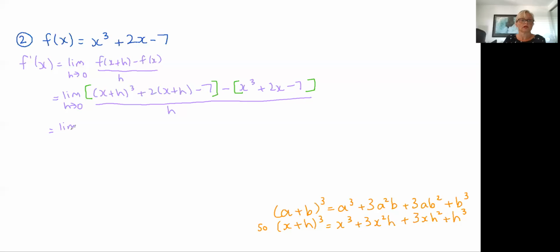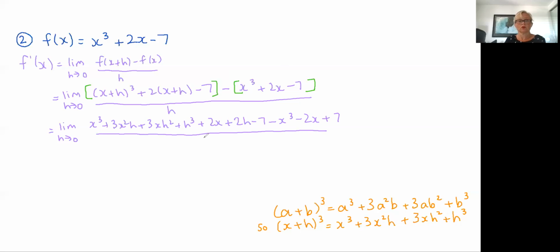Okay, all right, expanding. x plus h all cubed, having a look down here if we need to, x cubed plus 3x squared h plus 3xh squared plus h cubed, that's this part, plus our 2x plus our 2h minus 7. Now, just be careful, we're subtracting all of these things. So we'll have minus x cubed minus 2x and then plus a 7. Be a little bit careful there, all over h.